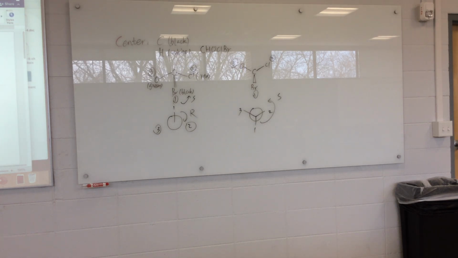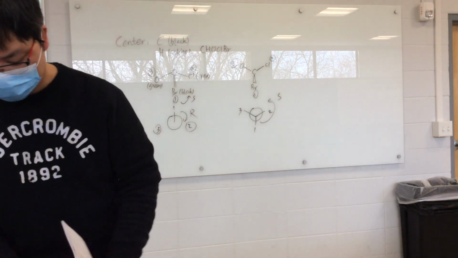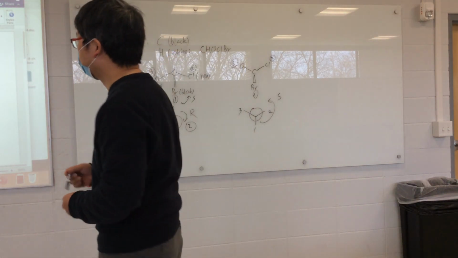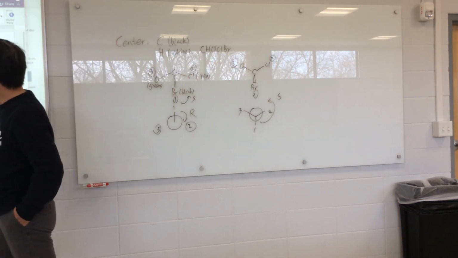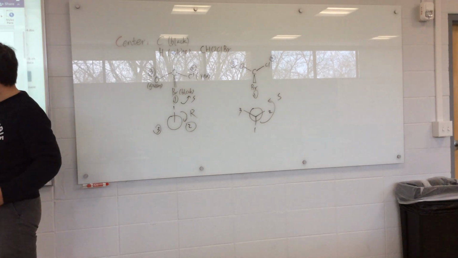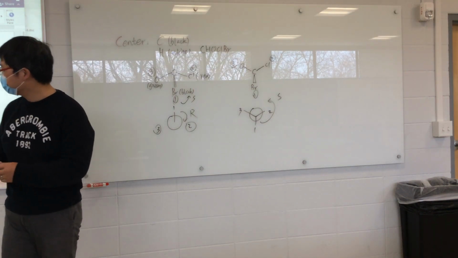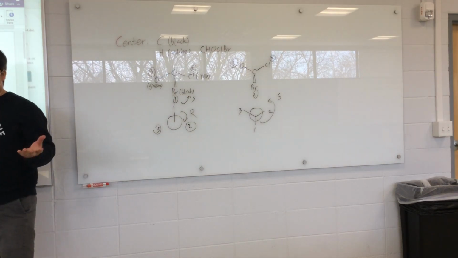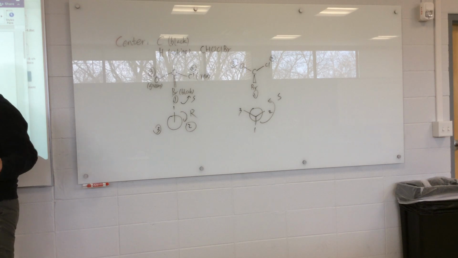So first, you can see here that this is a chiral carbon. This is a chiral carbon. This is also a chiral carbon. And in this case, if you look at each of them, it's not a symmetrical structure, right? Because this is not an OH group, so it's impossible.